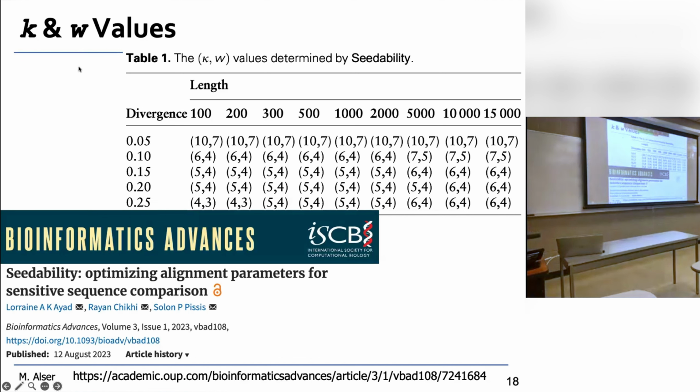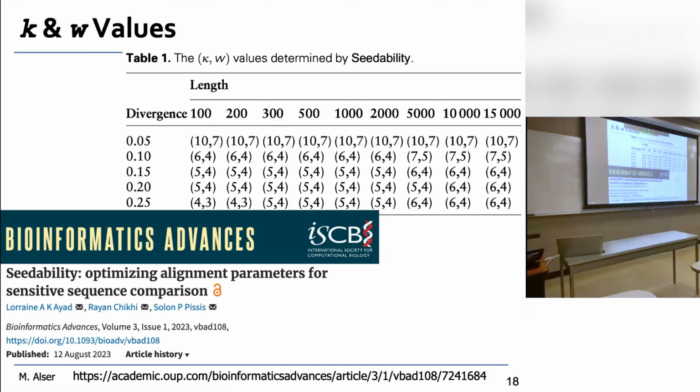This is a very recent paper that tried to come up with a better K and W value. They claim that the default K and W value that we had in the previous slide were really loose. So we are losing performance. We are exceeding the requirement for storage, for time, for sensitivity, and so on. And we could use something tighter that is going to save the storage and execution time and sensitivity and so on.